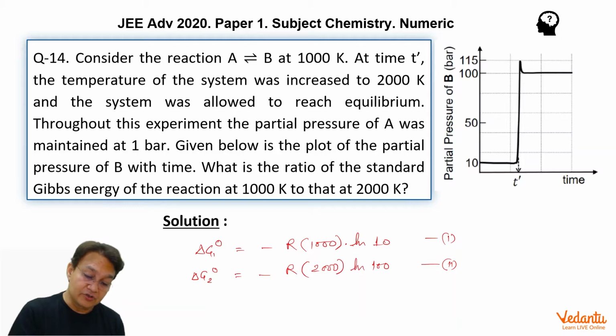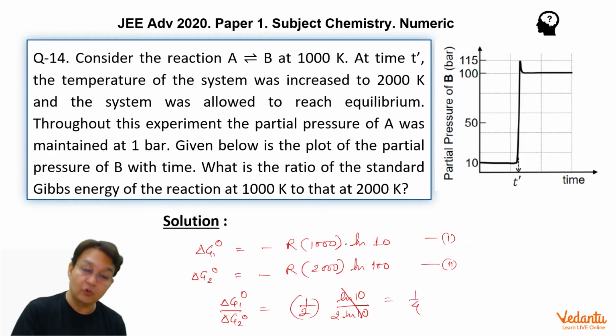So if we divide equation 1 by equation 2, we get the desirable ratio: delta G1 naught upon delta G2 naught is equal to, R is going to be cancelled, so this is 1 by 2 and ln of 10 upon 2 ln of 10. So this comes out to be 1 by 4, which is 0.25.